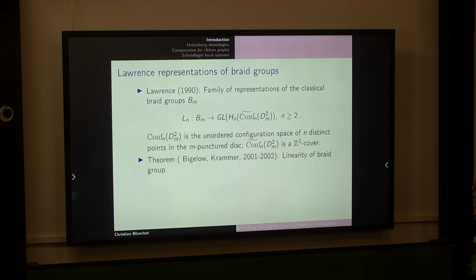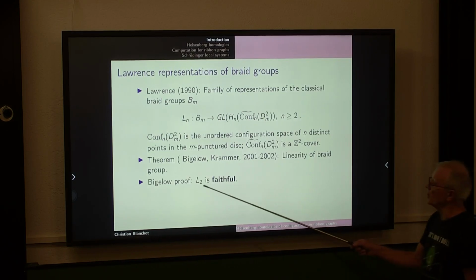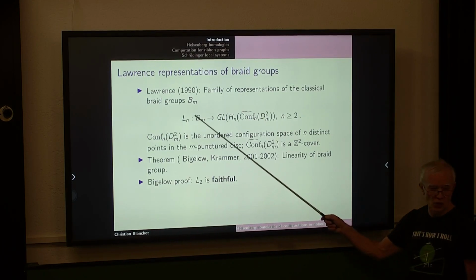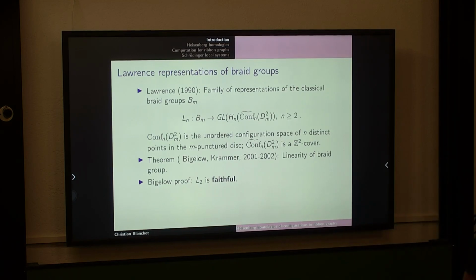And the famous theorem by Bigelow and Krammer in the early 2000s was from this to obtain linearity of braid groups. And the Bigelow proof is a consequence of the fact that for n equal to, this representation is faithful.